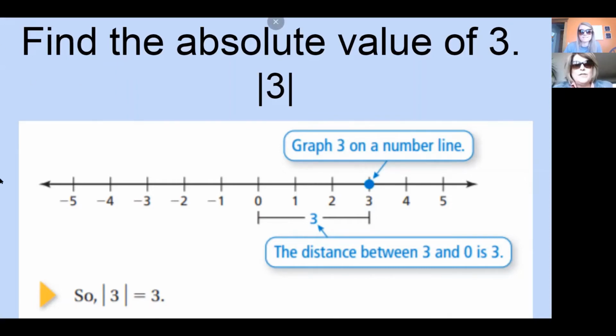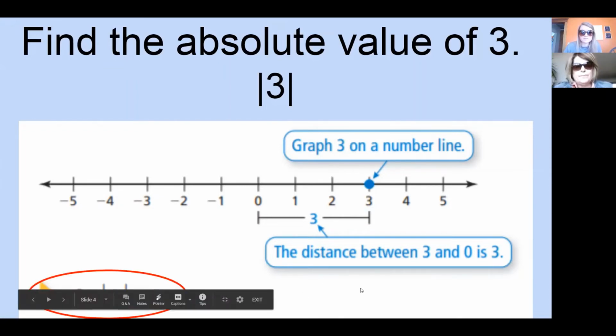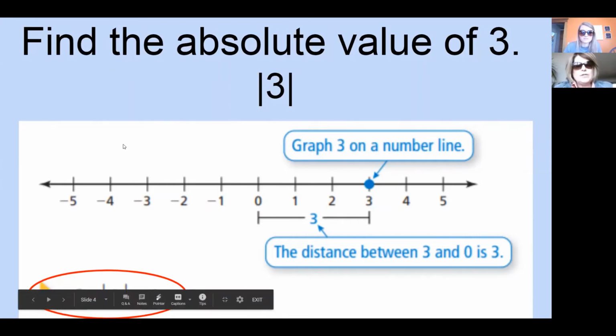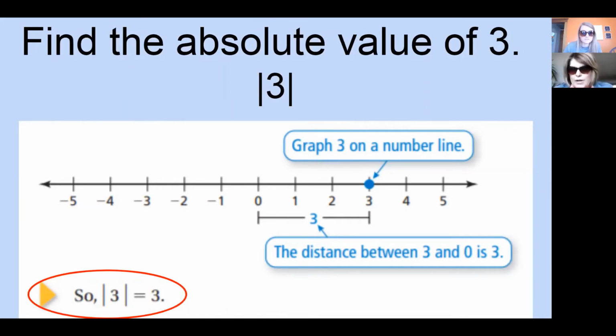So I graphed it on this number line, and you can see 0, and I graphed my 3 here with the blue dot, and now I'm going to count. 1 jump, 2 jumps, 3 jumps. I am 3 numbers away from 0. So down here at the bottom, it says the absolute value of 3 is equal to 3 because I am 3 away from 0 on the number line.